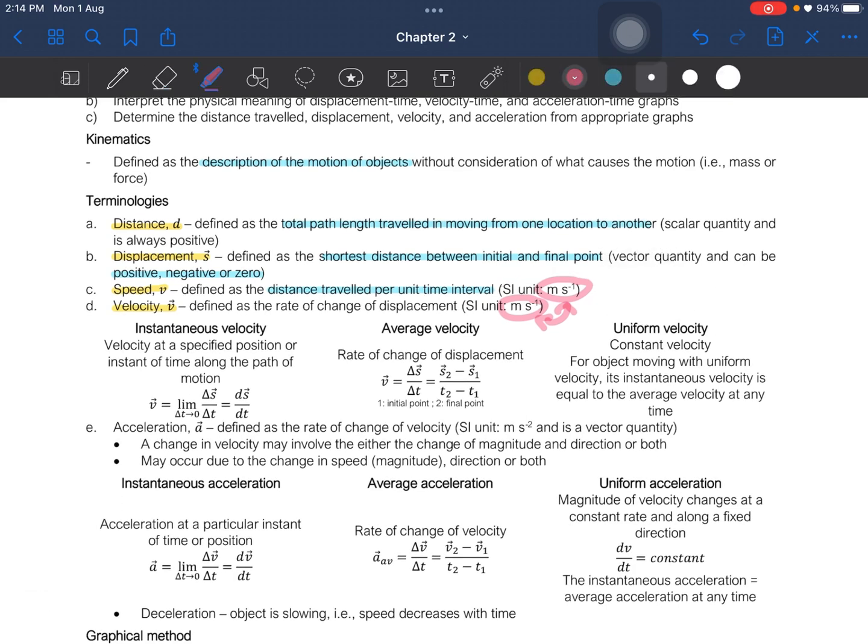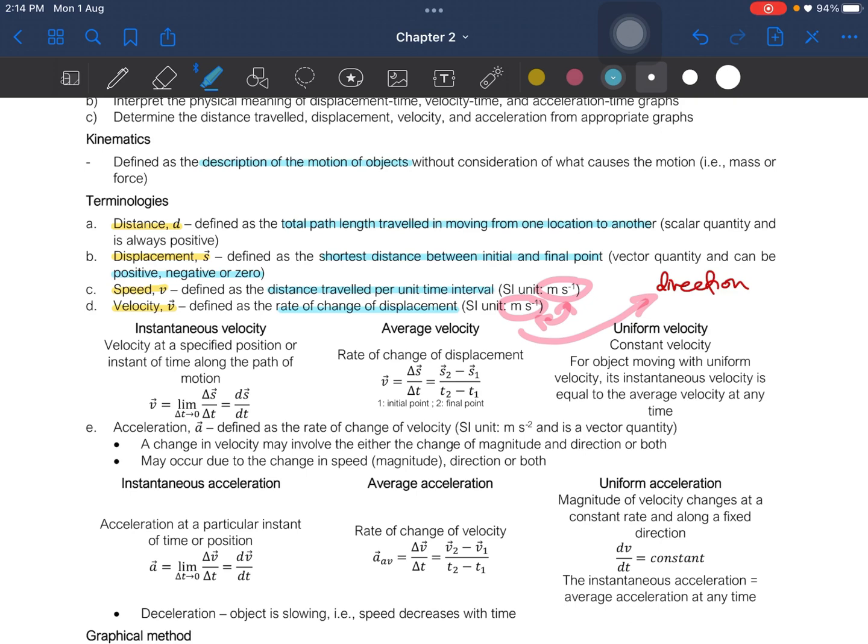Sorry everybody, I said that wrongly. The one that needs direction is velocity. Speed does not have any direction. Velocity is defined as the rate of change of displacement.